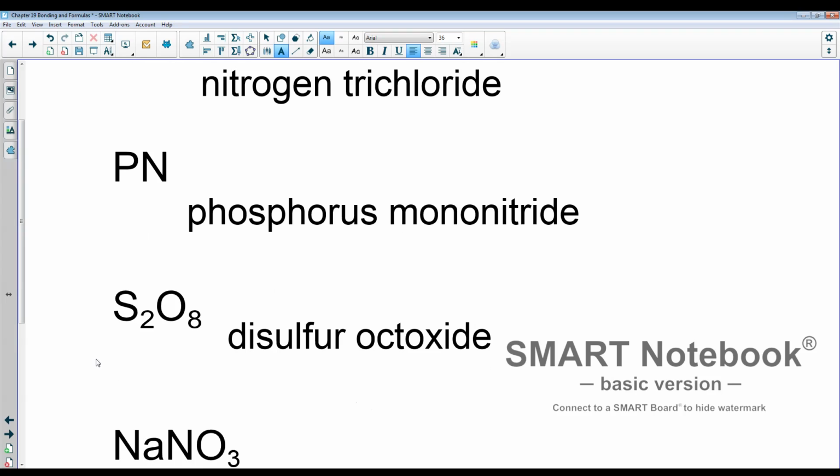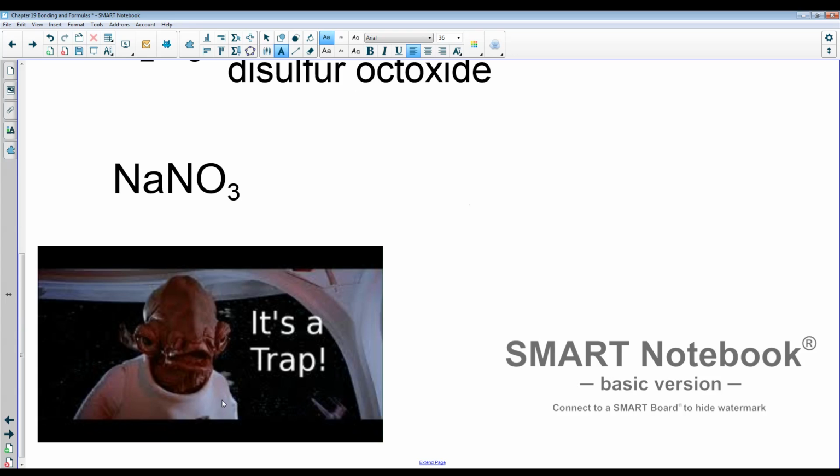We've got another one here, NaNO3. Oh, I got too many elements here. So I've got sodium, nitrogen, and oxygen, and it's a trap. This is an ionic compound. Sodium is a metal. We can't have a metal in a covalent compound. So I would have to go back to the naming rules for ionic compounds here.